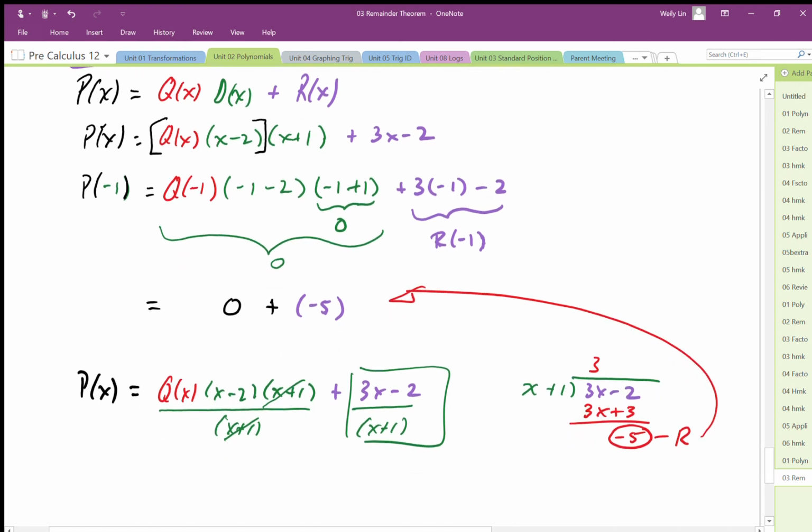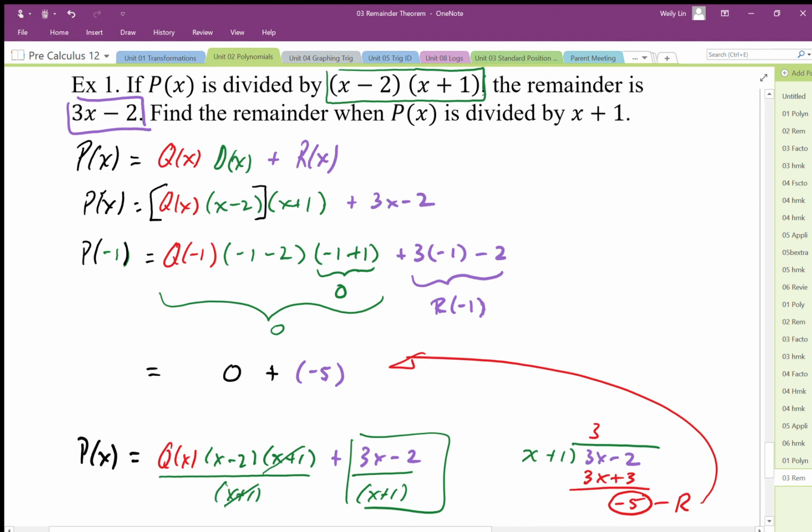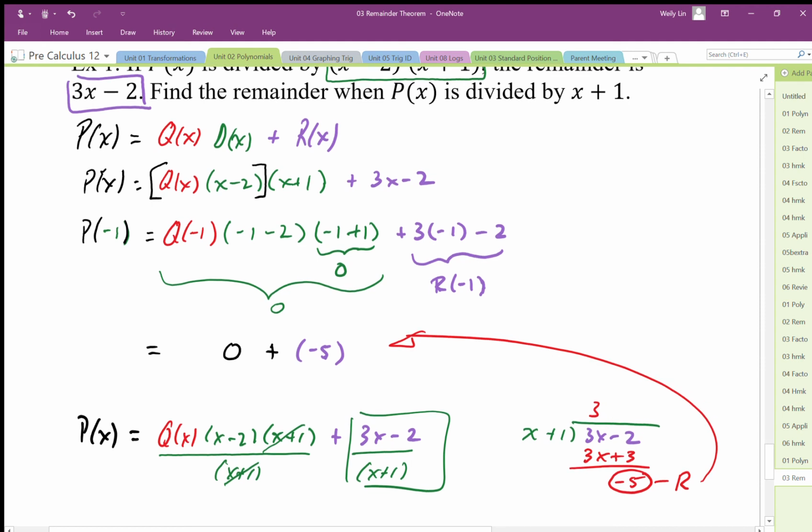So there's two ways we can look at it. One way is using that division statement, and we can generate zeros in the division statement. Which also means that if I divide by x minus 2, I can just plug 2 into this division statement and 2 into the remainder statement, and get a remainder. Or the other way is I can divide by the x plus 1 factor, and I can see that these divide evenly, so the remainder is going to be generated by this division here, which I can just do as a linear division.